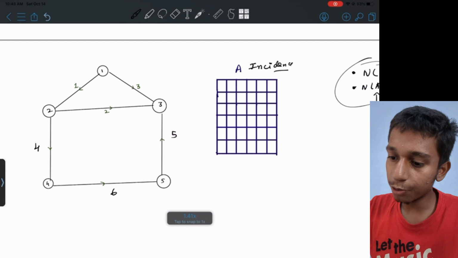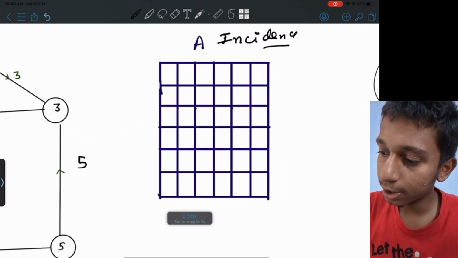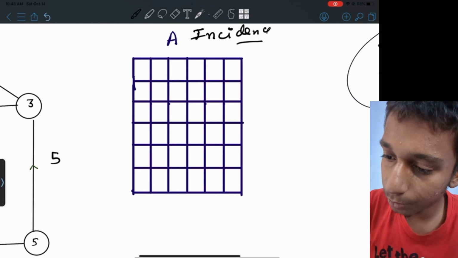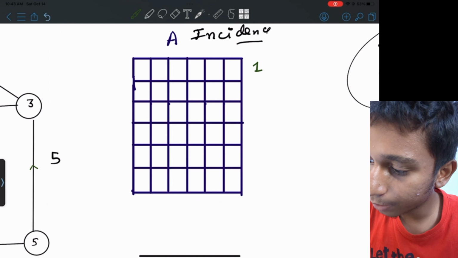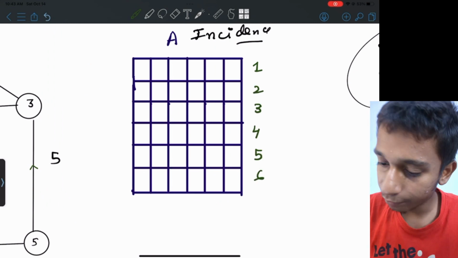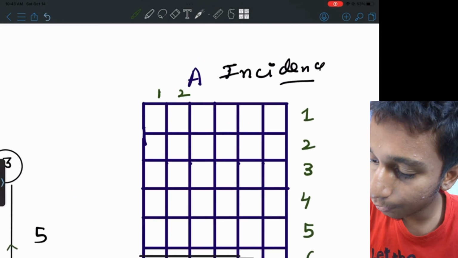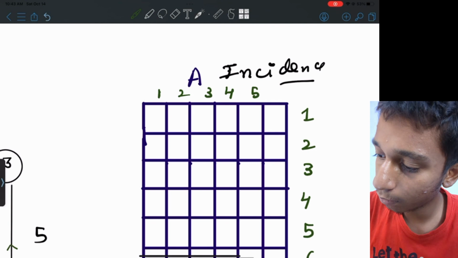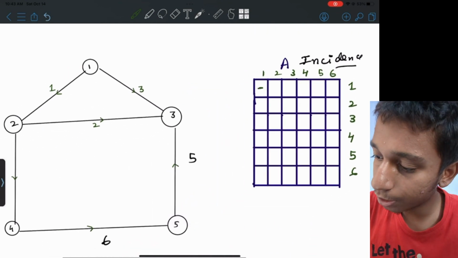So to begin with, let me label the edges as well. This is for edge number 1, this would be for edge number 2, 3, 4, 5, 6, as I have a total of 6 edges and a total of 5 vertices. The first edge is from vertex 1 to vertex 2.